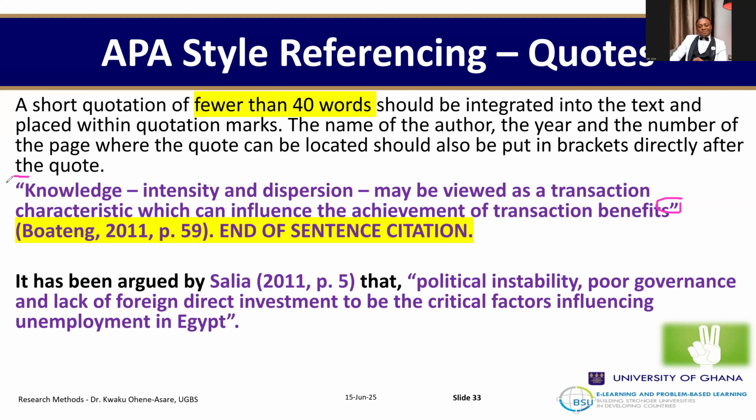The opening quotation mark is at the beginning of the sentence, but the citation is not part of the quotation. I've seen students make that mistake. The citation is all outside, the double apostrophe is outside it. So the quotation mark is encircling the words and not the author.